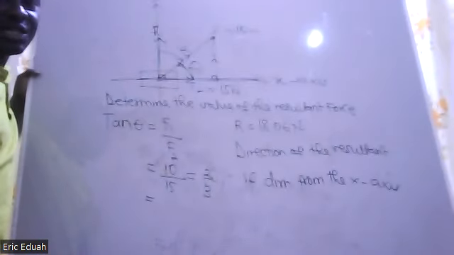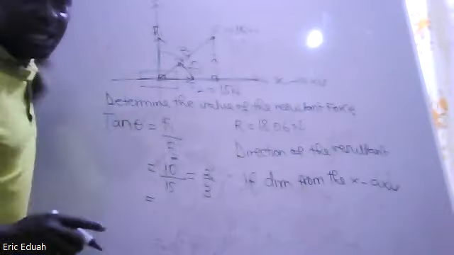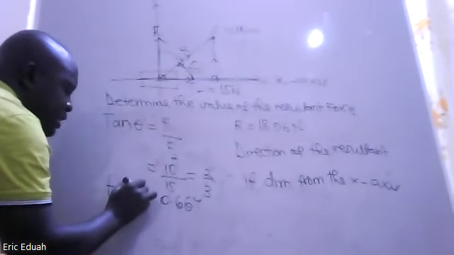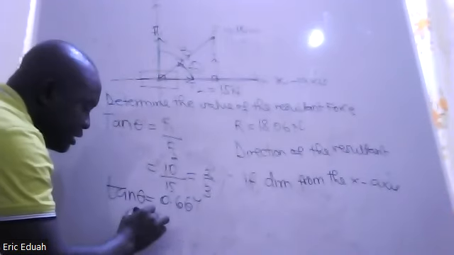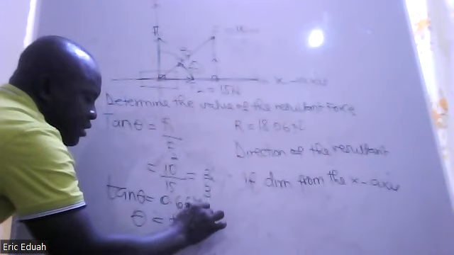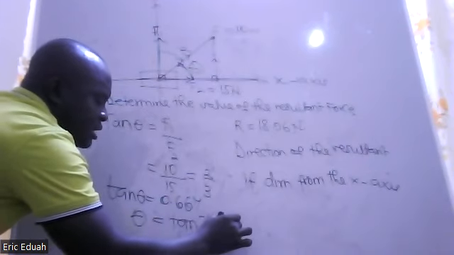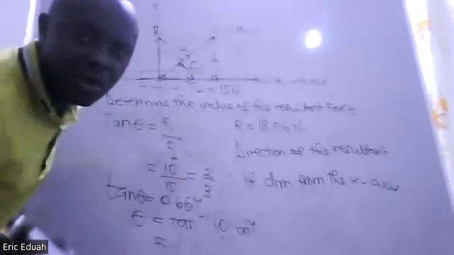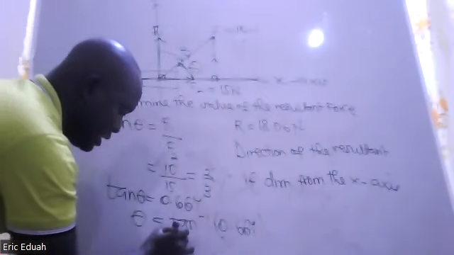Change 2 over 3 to decimal for me. What is 2 divided by 3 in decimal figures? Yes, Eliana. 0.667. Okay, so we have tan theta. Theta therefore is equal to the tan inverse of 0.667, and that is equal to what? 33.69.